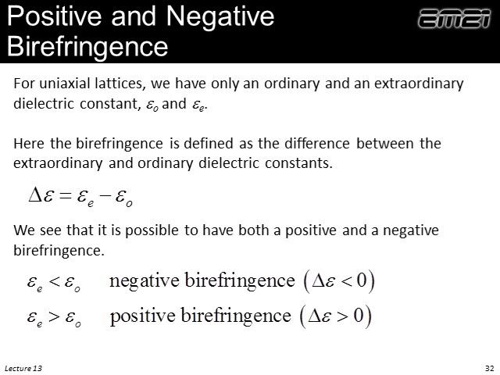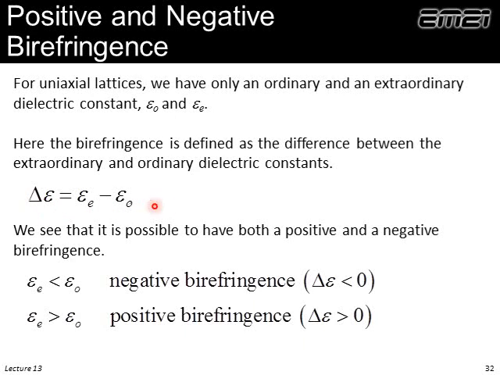So if we look at the difference in the effective dielectric constants, we call that birefringence. So something uniaxial would have an ordinary dielectric constant and an extraordinary dielectric constant. Optics people refer to this as ordinary refractive index and extraordinary refractive index. So if we subtract the ordinary from the extraordinary, we will get some kind of delta epsilon.